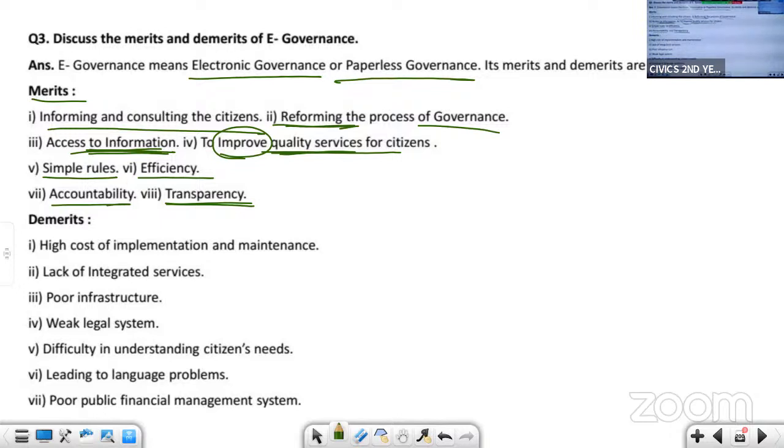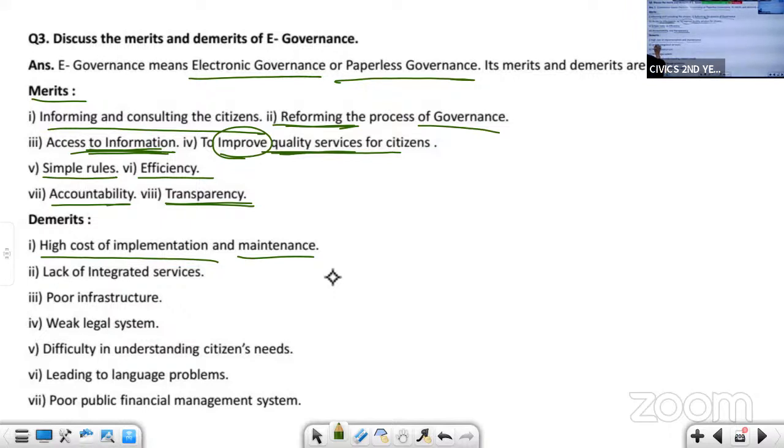Then demerits. If you see the demerits, there is high cost of implementation and maintenance. See, when we are providing internet-based services, they need internet connections, laptops, or desktops, computers. Usually they require various softwares.